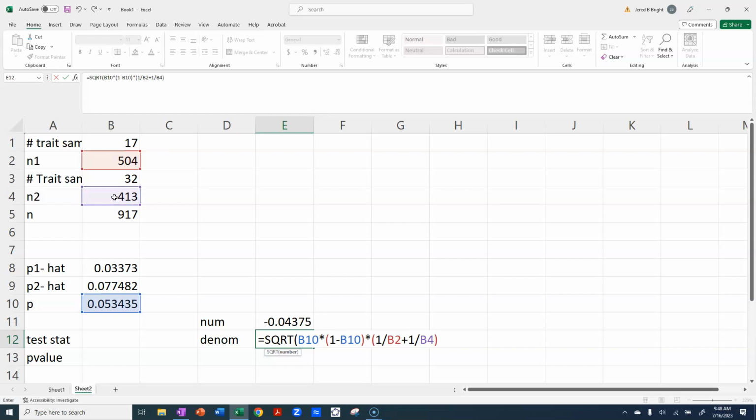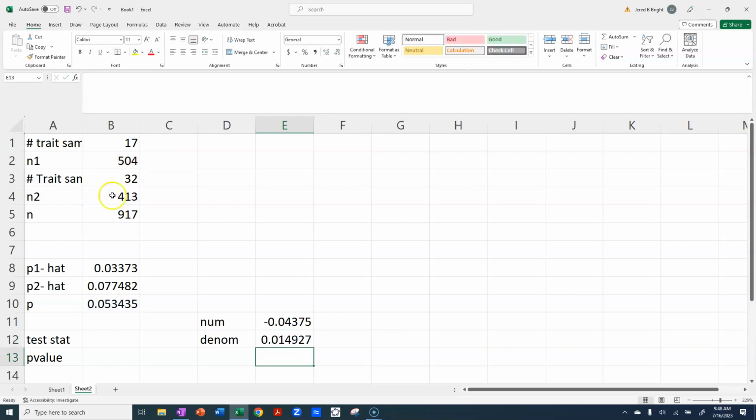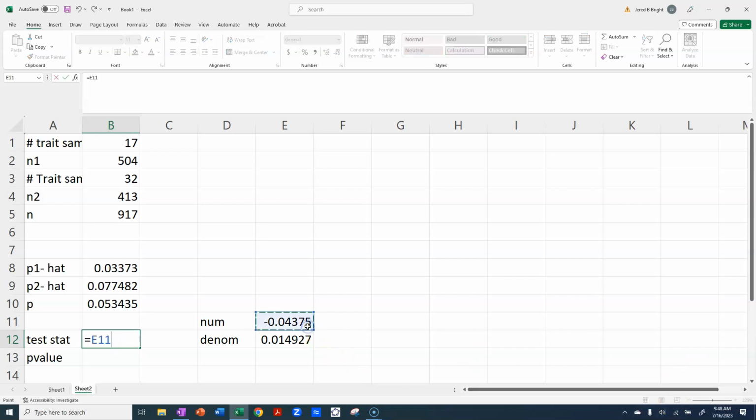That's the last factor, close the square root, and I get the denominator. So my test statistic would be numerator divided by denominator. Oops, not comma, divided by.